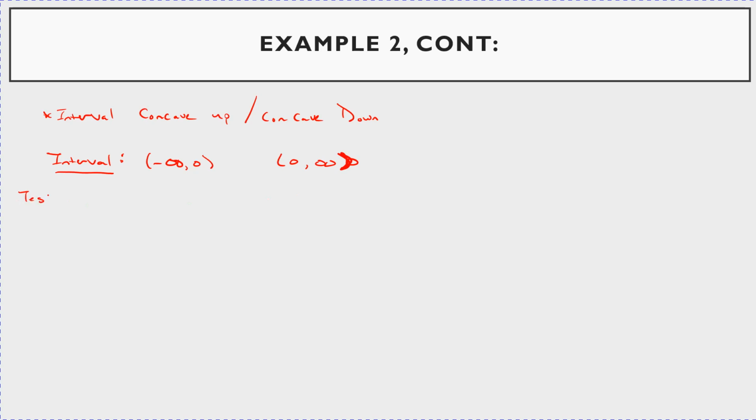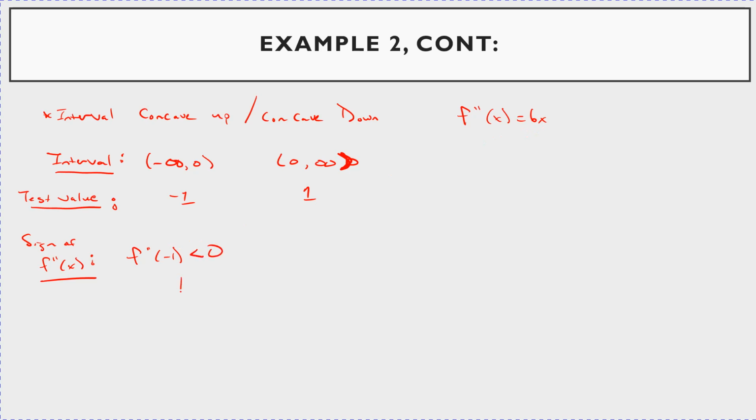Again, you're going to pick a test value. Here I'm just going to pick -1, and between 0 and infinity I'm going to pick 1. Our second derivative was 6x. Again, you're just going to look at the sign of the second derivative at this test value. If you plug -1 into this, you get -6.